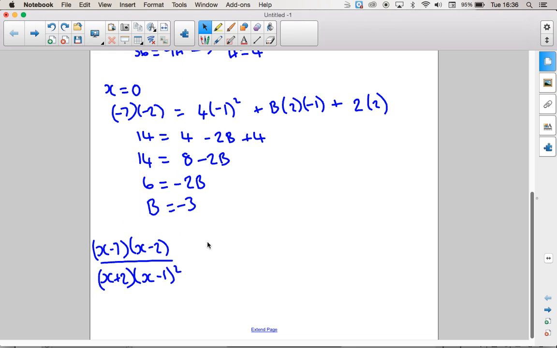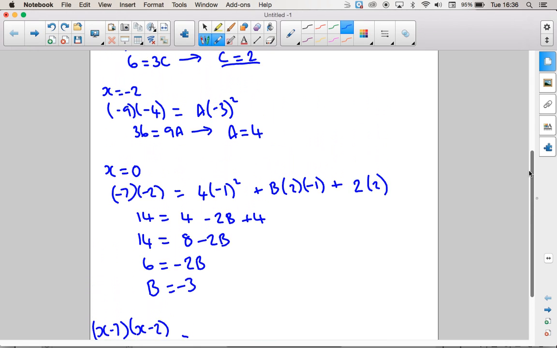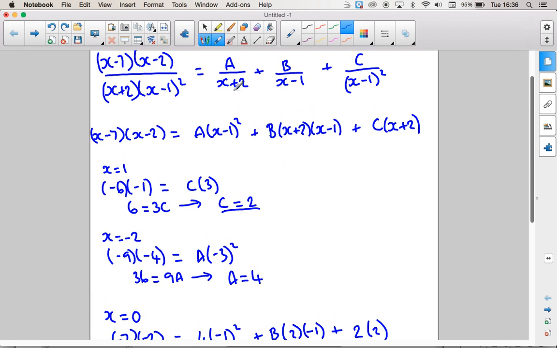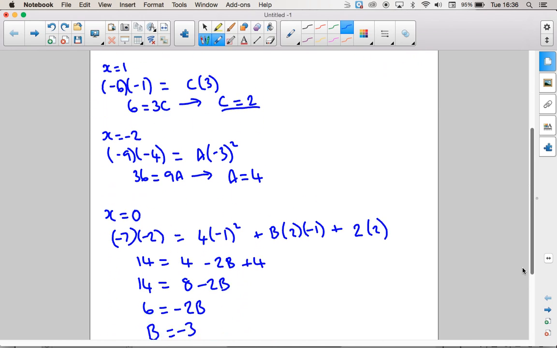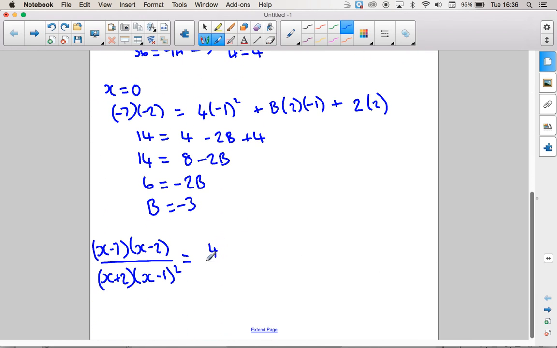This is the same as, and let's make sure we get it in the right order, A was 4 and had the x plus 2 term on the bottom. So 4 over x plus 2, B, which is minus 3, which was the x minus 1 single term, plus C, which was 2 over x minus 1 squared term.